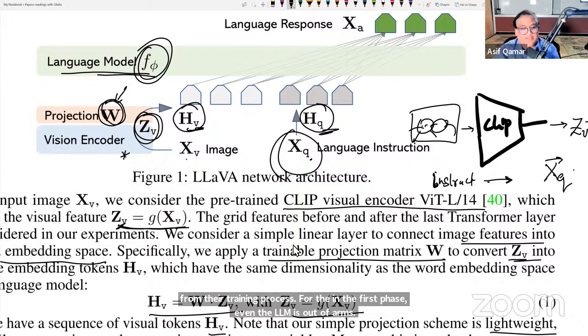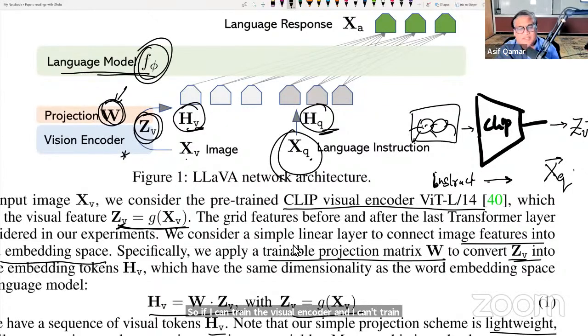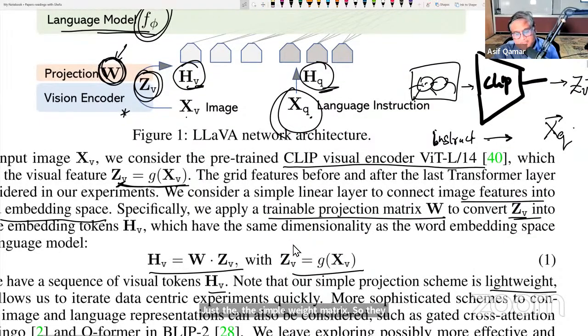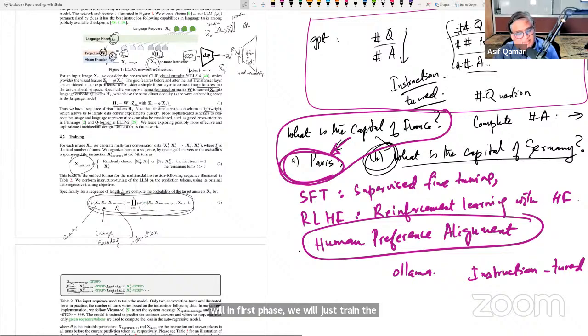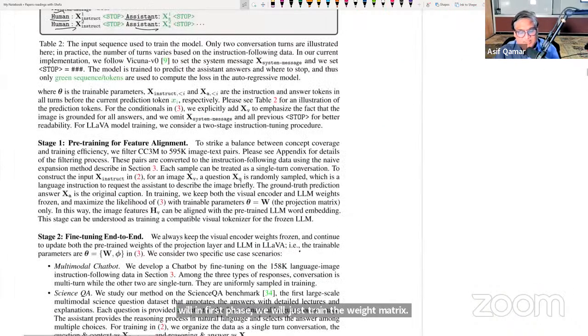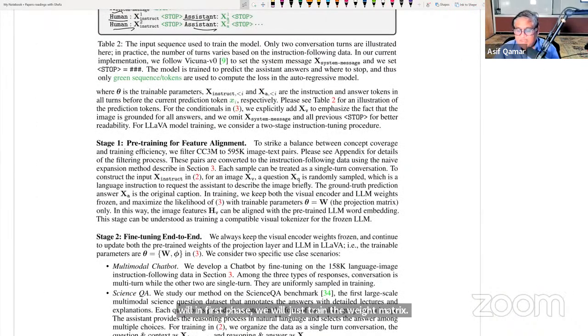So if I can't train the visual encoder and I can't train the LLM, what is the only thing that I can train now? Just the simple weight matrix. So they say that in the first phase, we will just train the weight matrix. Right? This is your stage 1. You just train the trainable parameters, this one.